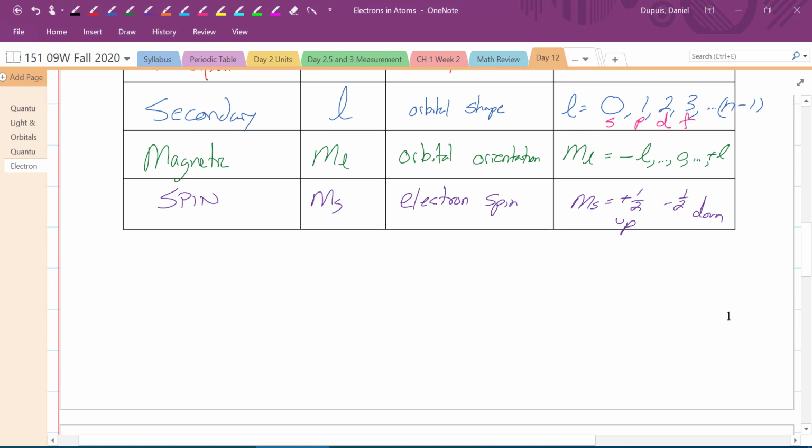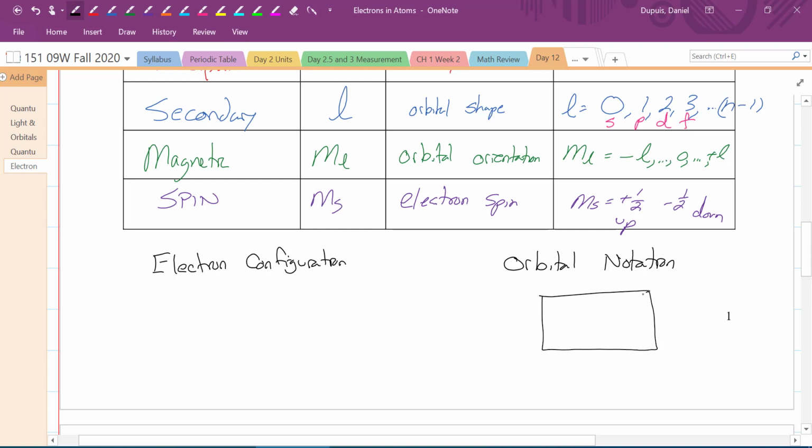Now, there are two things with electron configuration: there is electron configuration, and orbital notation. Orbital notation is almost always a box. A box represents an orbital. It could be a circle or a line, depends.